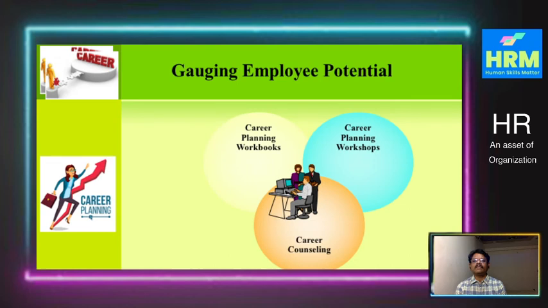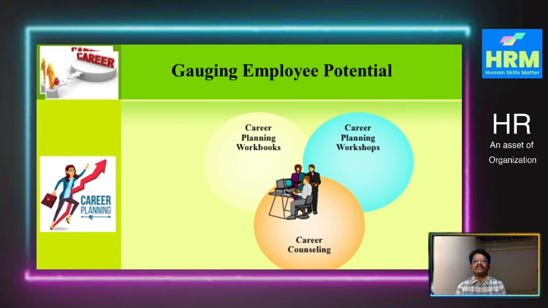Then gauging the employee's potential is done through career planning workbooks, career planning workshops and career counseling. So we have to see all these that happen in the organization, so that development takes place in the organization.